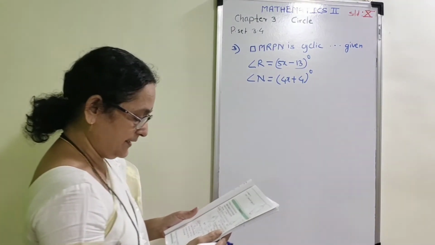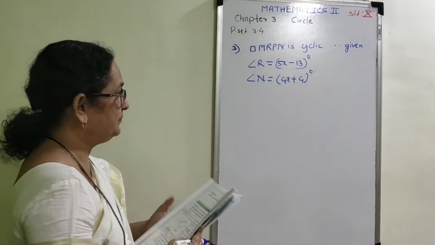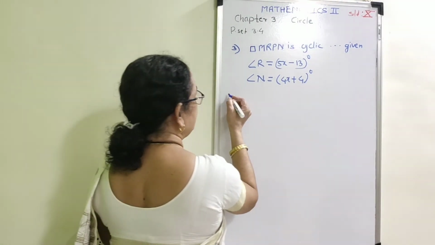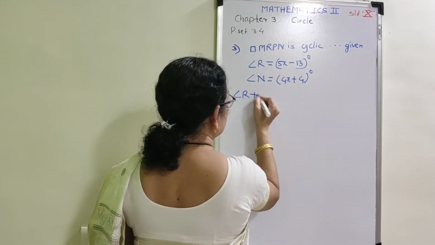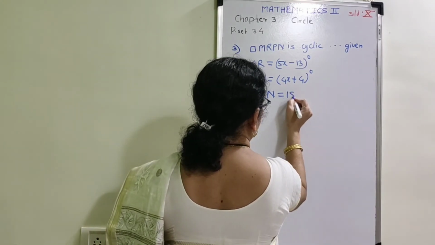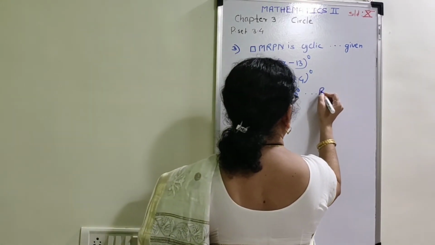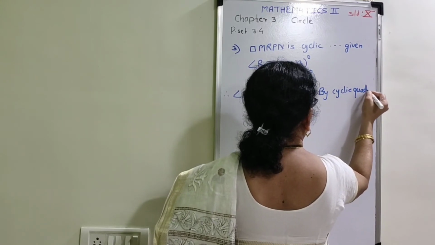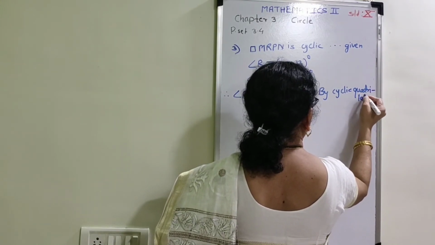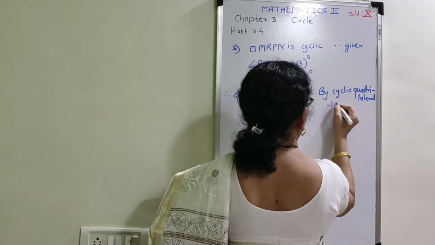Find measures of angle R and angle N. Now here, since the quadrilateral is cyclic, R and N are opposite angles. Angle R plus angle N is equal to 180 degree by cyclic quadrilateral theorem.